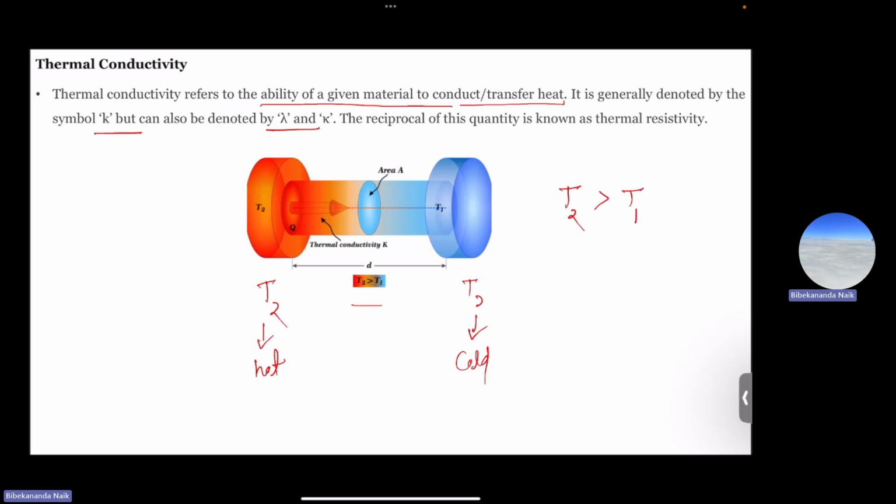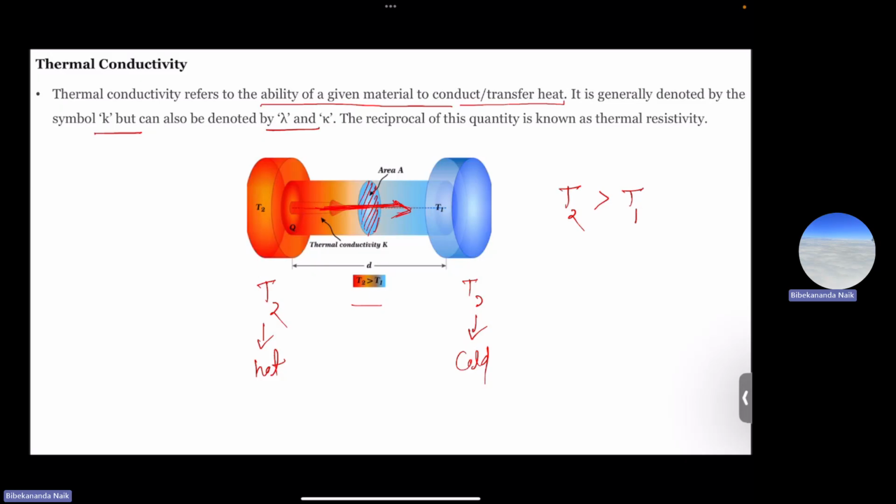Since the temperature is larger at T2, heat will flow from higher temperature to low temperature, in this direction. Suppose A is the cross-sectional area through which heat is being conducted, and the distance between the two media, one hot and another cold, or maybe two hot media with two different temperatures, is D.